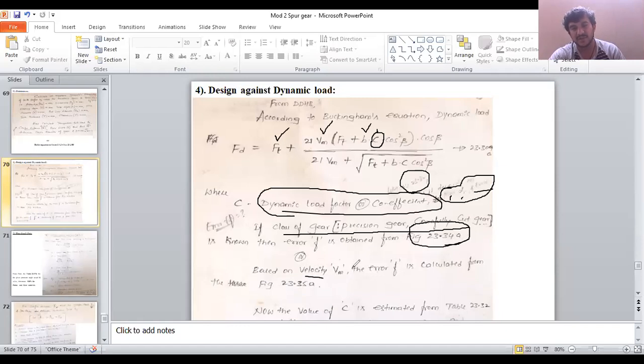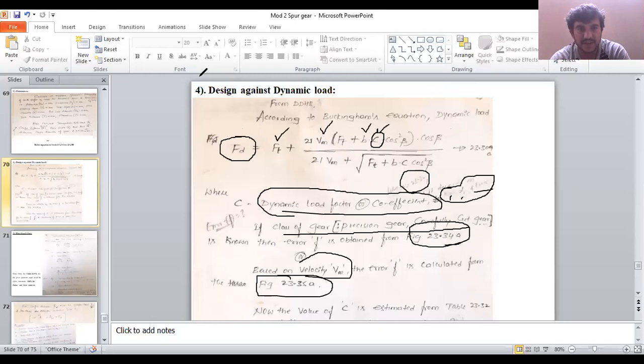Or if based on mean pitch line velocity, use figure number 23.35a to calculate the error in action. Then by referring to table 23.32, you calculate the dynamic load factor. Beta, the helix angle, is given in the problem, so substitute and you will get the dynamic load.